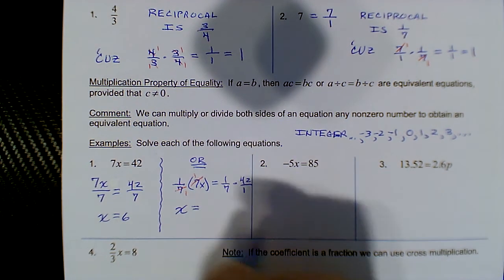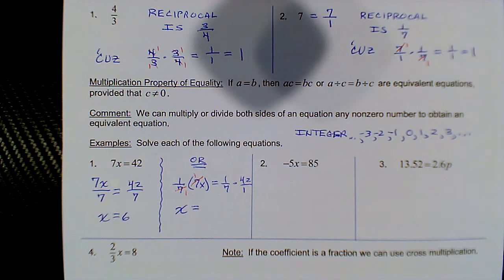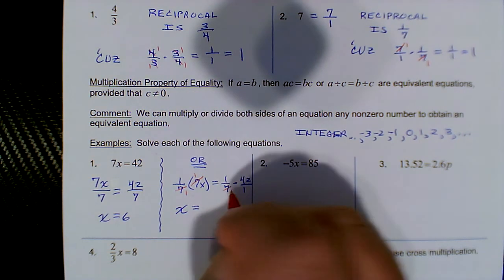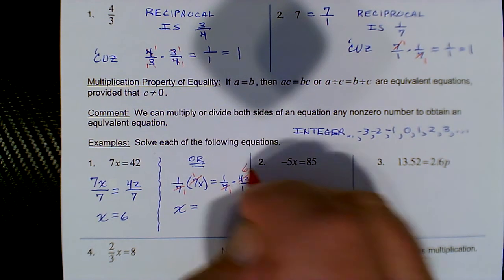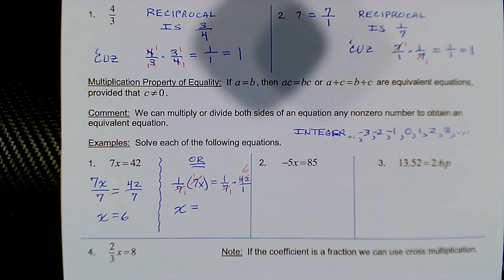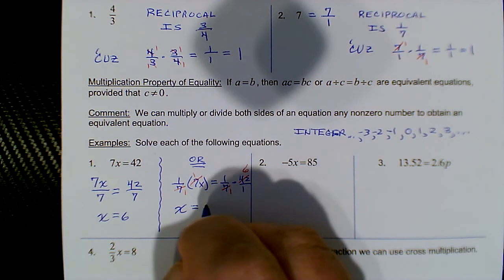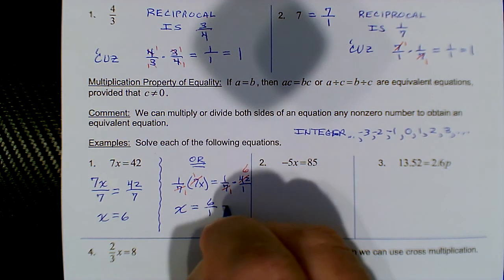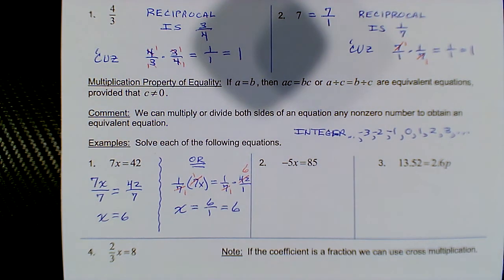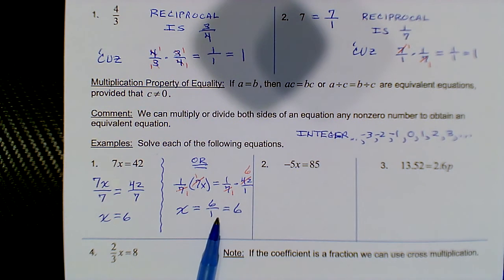And now we can divide the common factor. 7 goes into 7 once, into 42 6 times. And we get 6 over 1, or 6. So you can see it's much more complicated to think about it in that fashion.